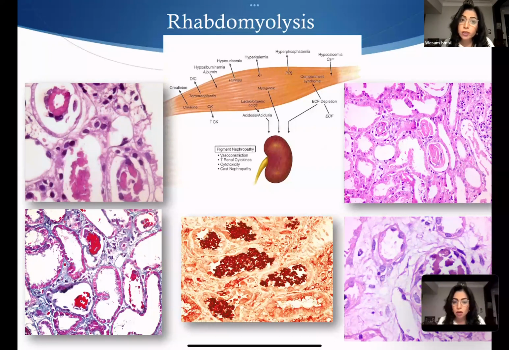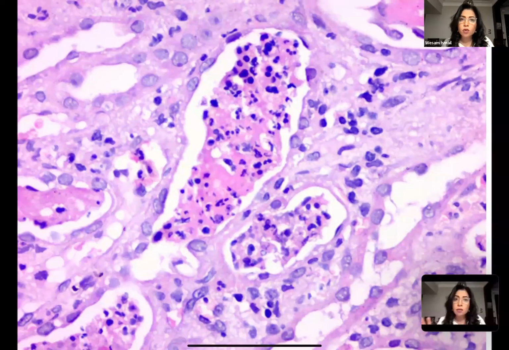Next, the more important differential diagnosis is when you have an inflammatory cast, or what is diagnosed as an acute pyelonephritis. Now, I don't like the diagnosis of an acute pyelonephritis in an apparently healthy individual with no precipitating factor.